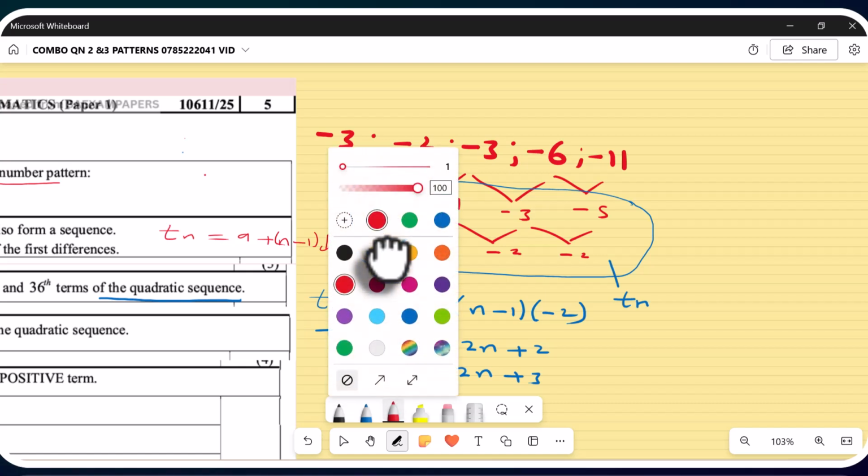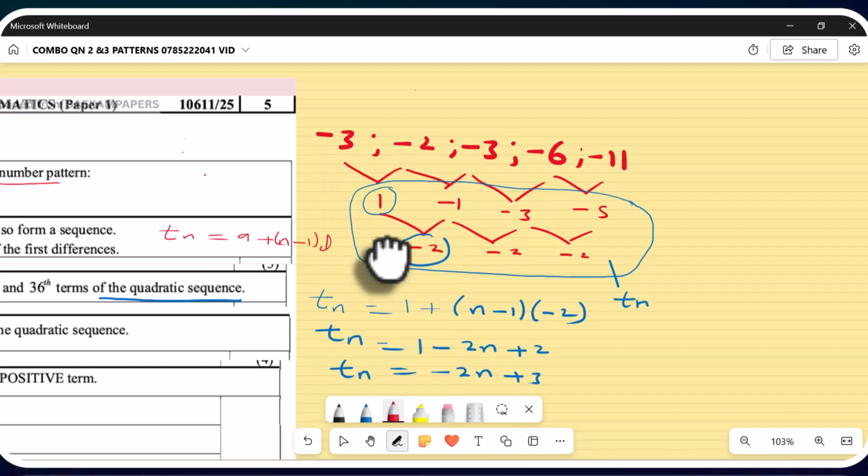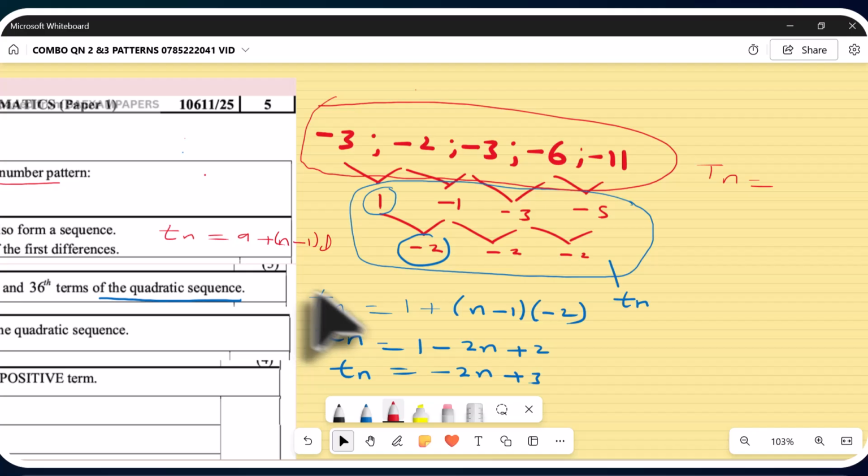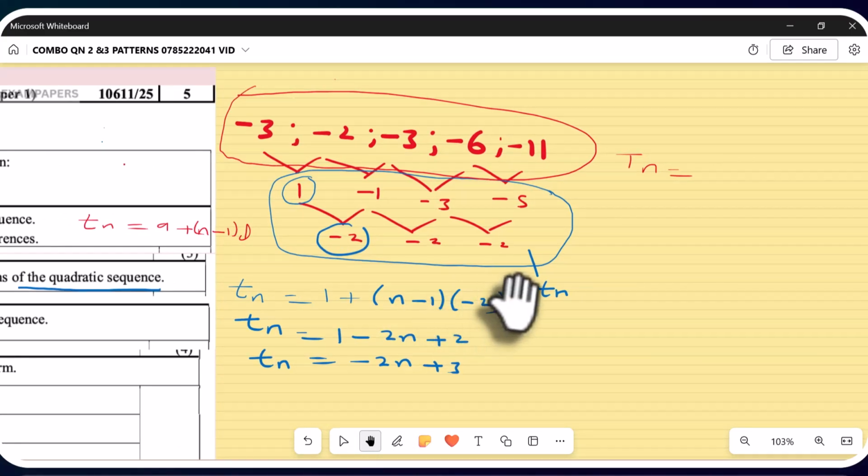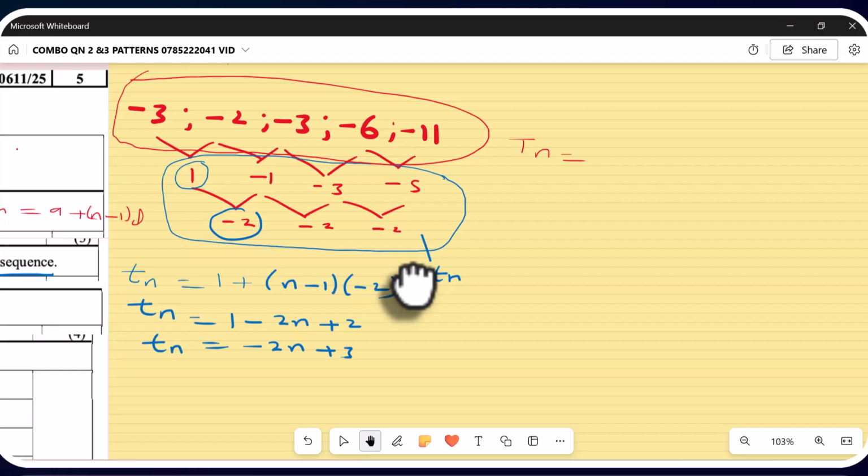Now note, guys, that there is a relationship between this small tn and the capital Tn. This is how we state it: our small tn minus 1 is given by capital Tn minus capital Tn minus 1.